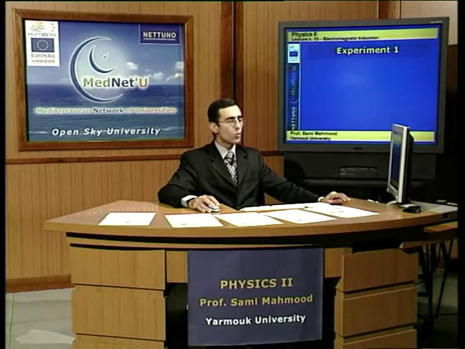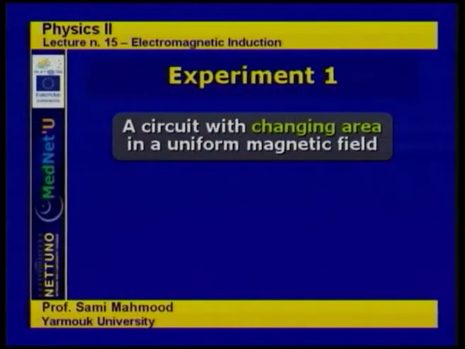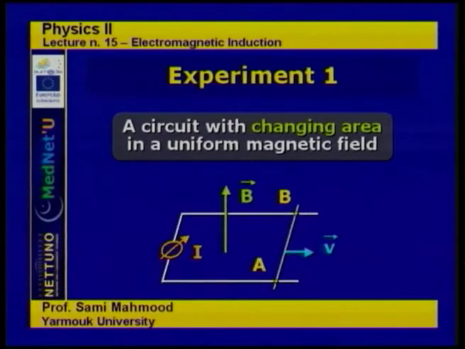In experiment 1, we have a circuit with changing area that is placed in a uniform magnetic field. So we have a magnetic field, the magnetic field is uniform, and we assume that the magnetic field is perpendicular to the area of the circuit, and the circuit has a changing area.